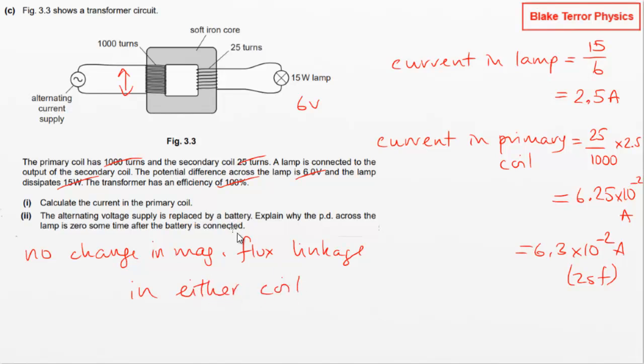If the current isn't changing, then you don't get a change in magnetic flux density, which means you don't get a change in magnetic flux linkage, which means it can't get propagated through the iron core and then linked to the secondary coil. So if you don't have anything changing, you haven't got a transformer. So that's that. That's brought us to the end of that bunch of questions.